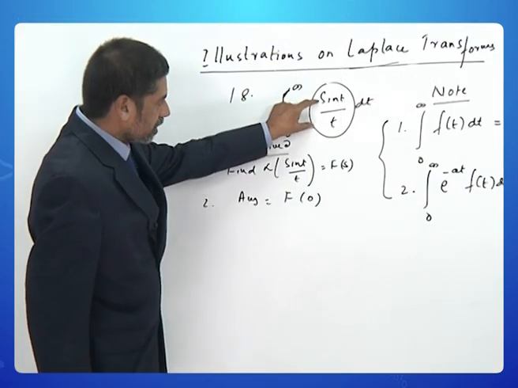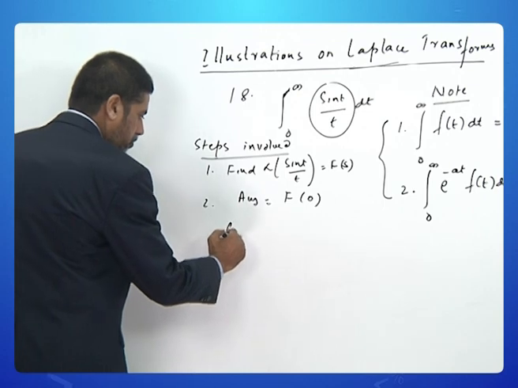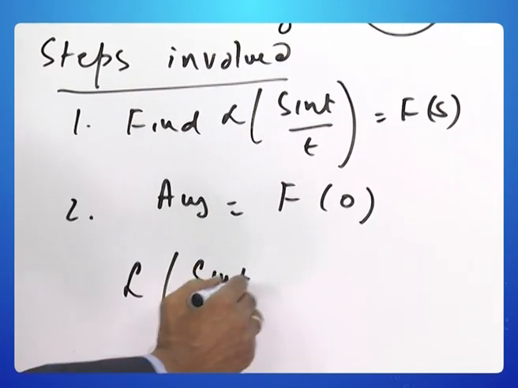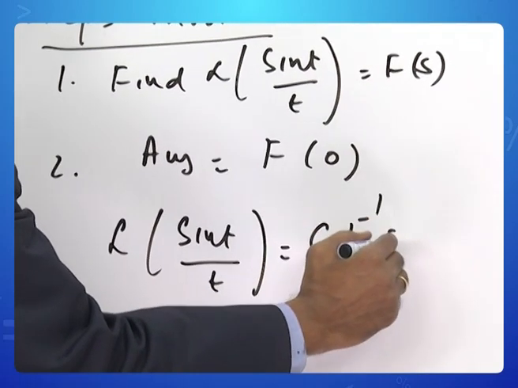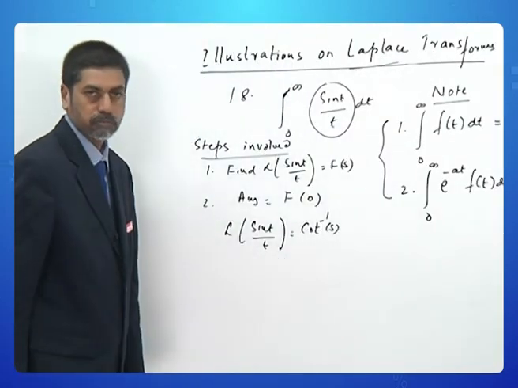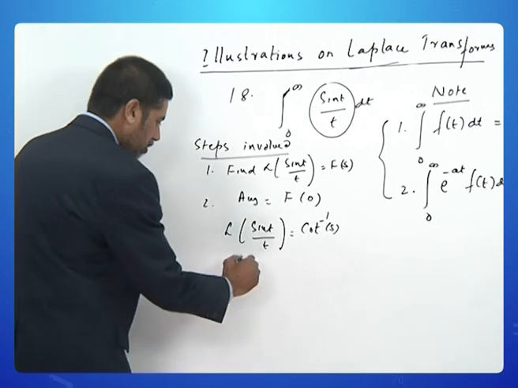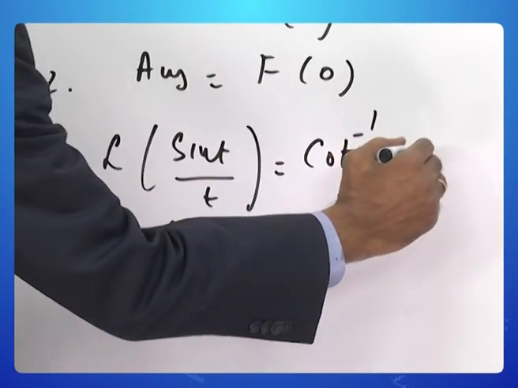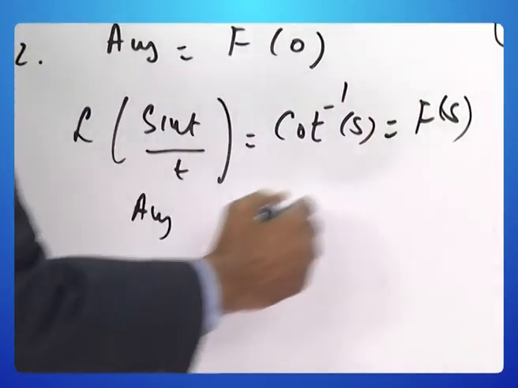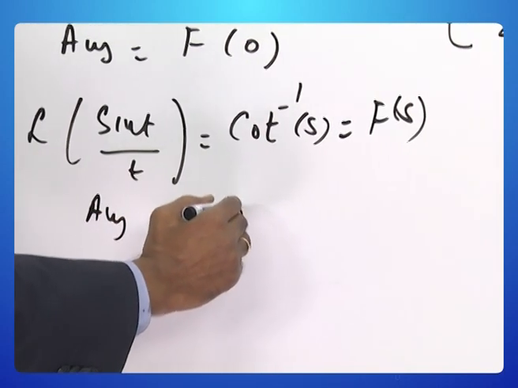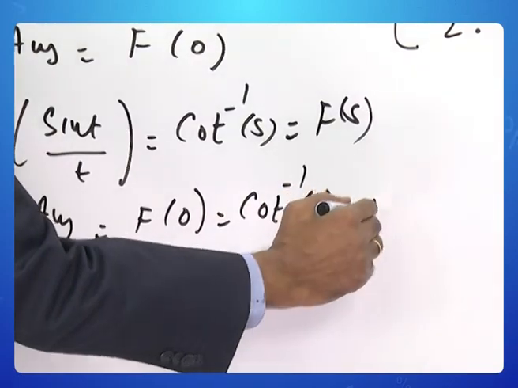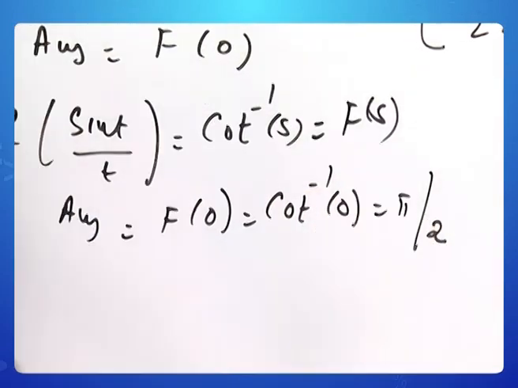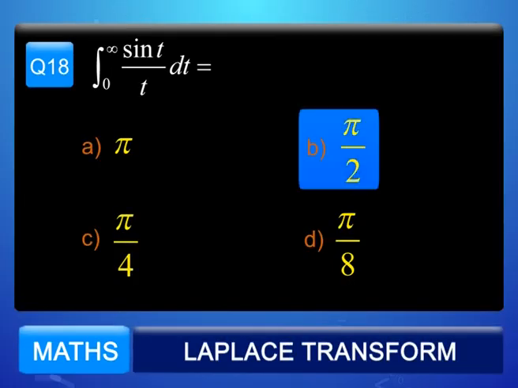So transform of sine t by t is cot inverse s, right? Suppose you call this f of s, answer is equal to f of 0. So cot inverse of 0 will be pi by 2, and the correct option is B.